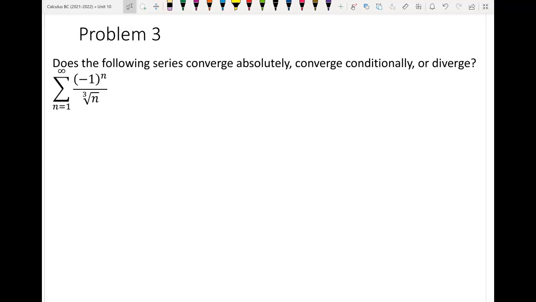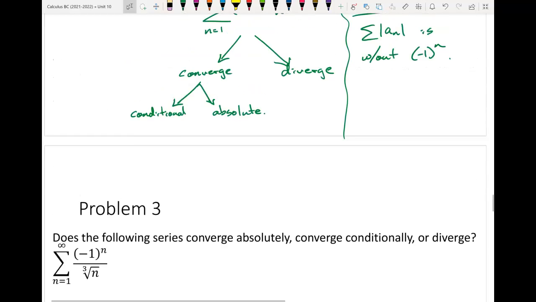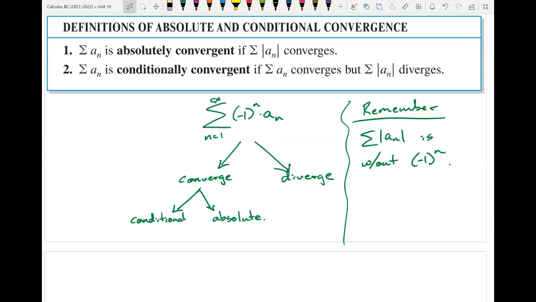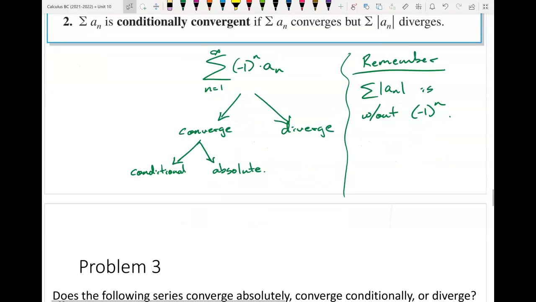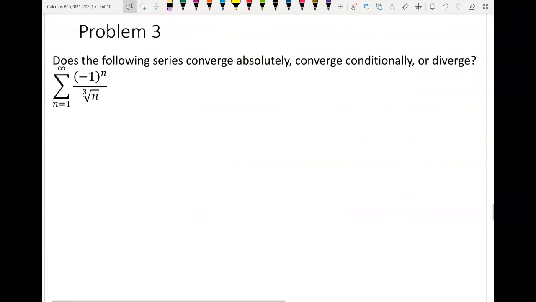Determine, does this converge or diverge? Then, once you know it converges, look and see whether that convergence is absolute or conditional. That's the way I would go about it, like with that T-chart. First, is it convergent or divergent? Then once we have determined convergence, we go on and ask, is it conditional or absolute?